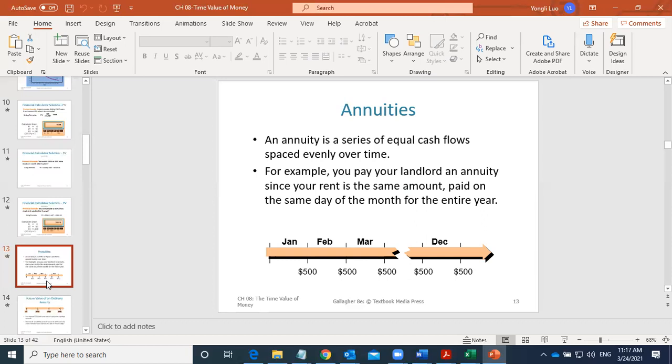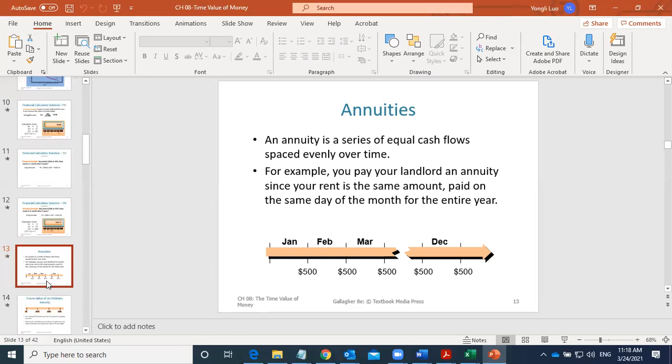So there is a concept called annuity. An annuity is a series of equal cash flows spaced evenly over time. See the word here? Equal cash flow. Annuity is equal payment at equal time intervals. So two things have to be equal.